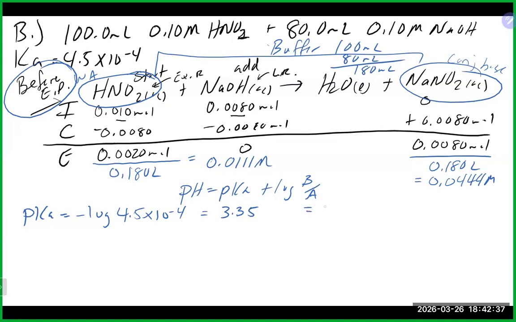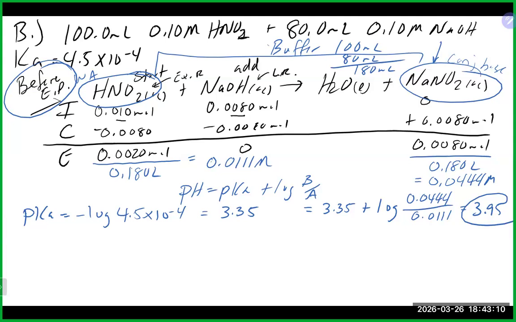So putting that in here, 3.35 plus the log of our base, which obviously is this one here, 0.0444 over 0.0111. And we will end up with about a 3.95 pH in this case. Any questions on that one?